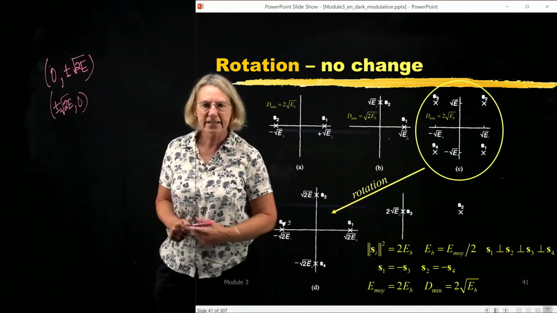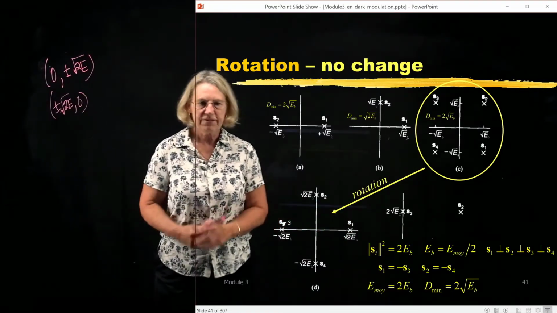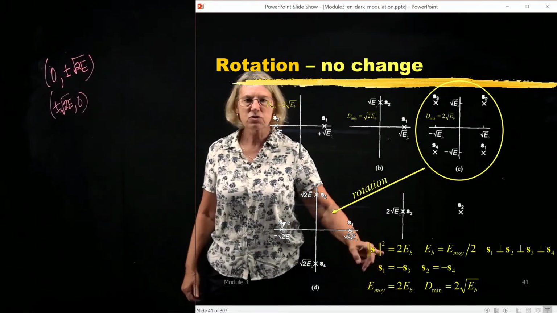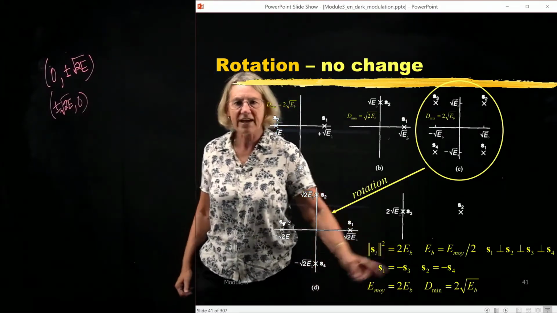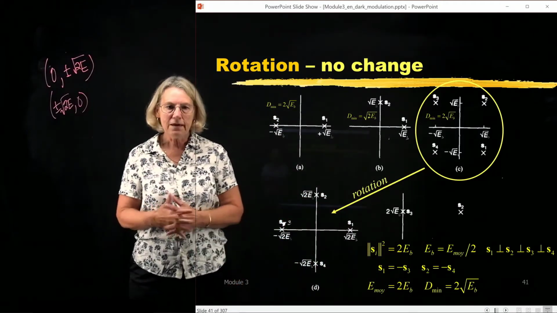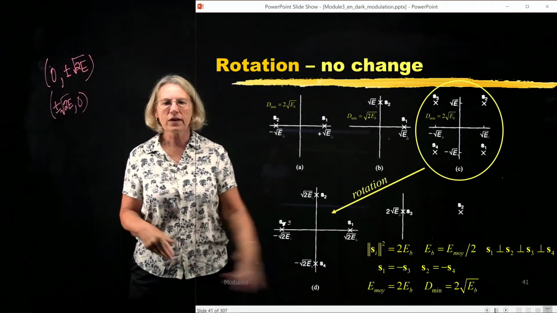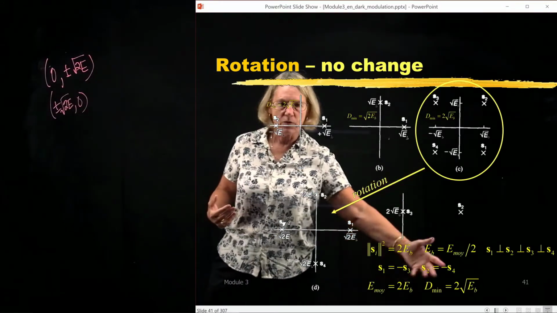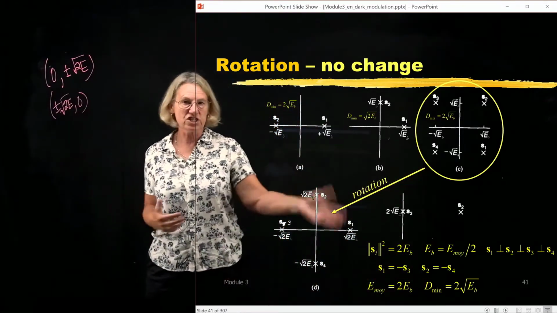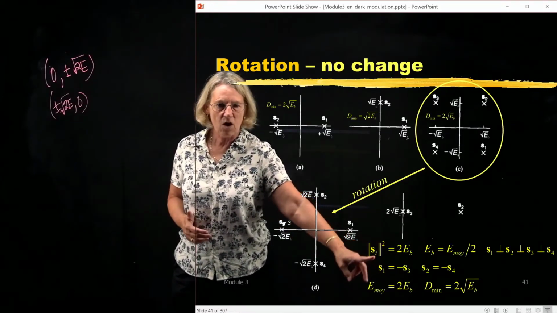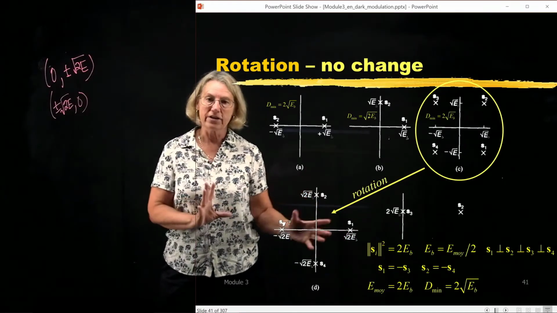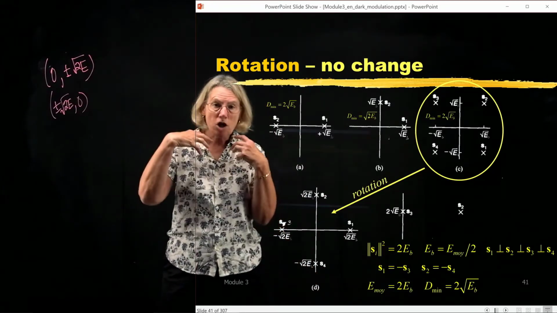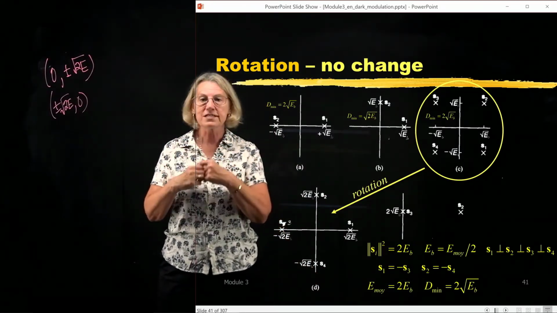So we have the coordinates, and if with these coordinates I take the magnitude squared, the length squared of any one of these vectors, I'm going to get 2EB. And of course 2EB is what I got previously for the energy. So I know that everything works out nicely. It's the same calculation I did just now, when all of the energies are equal, because again, we can see geometrically that even though I've rotated, they're all still an equal distance from the origin.